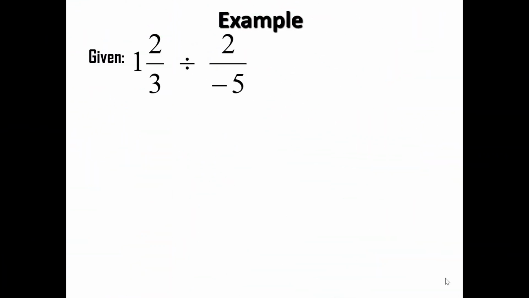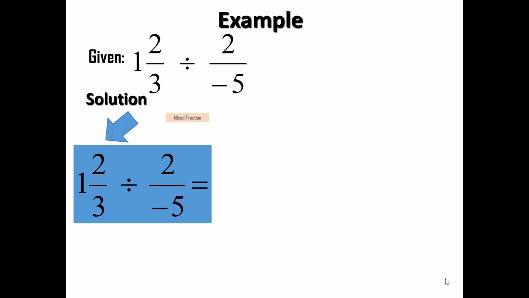Okay, another example. 1 and 2/3 divided by 2 over negative 5. Solution natin dito, kung mapapansin nyo, mayroong mixed fraction on the left side. 1 and 2/3. Now, we get the improper fraction of 1 and 2/3. O, i-change natin siya doon.